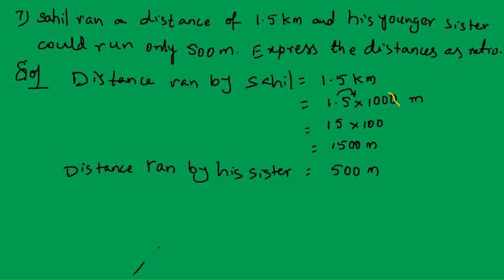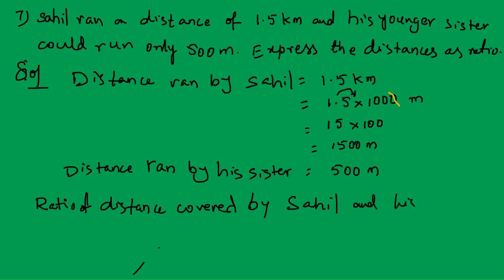Let us take the statement as ratio of distances covered by Sahil and his sister. First we are taking Sahil, that is what our statement says. How much distance did Sahil cover? 1500 meters is to his sister's 500 meters. 1500 is to 500.